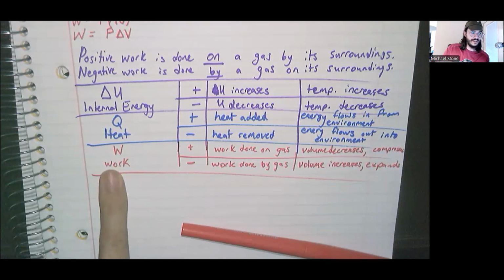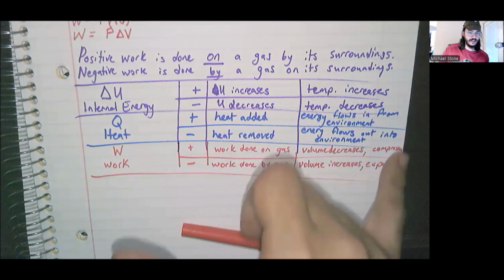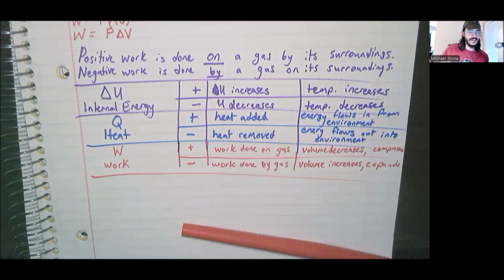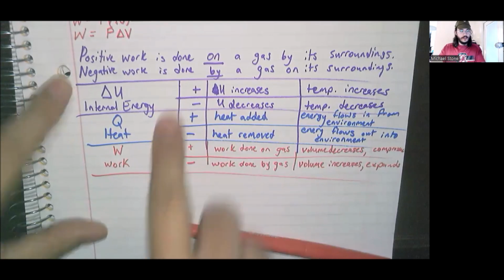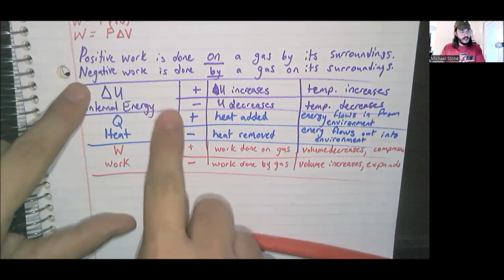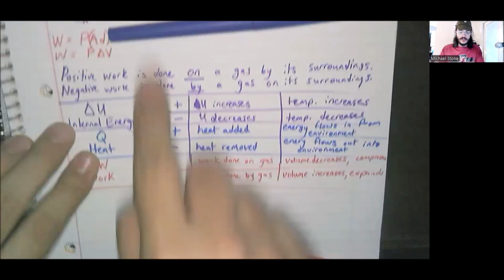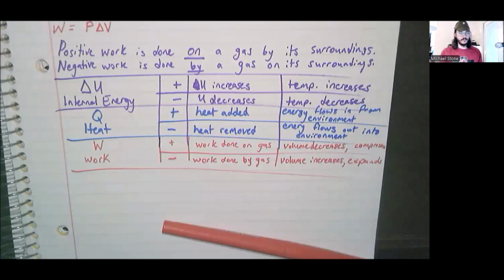If work is done on the nail and it gets compressed, the shock of it squeezes those particles inside of the nail together. If this is positive and this is 0, looking at the equation, delta U would need to be positive. So the nail must get hotter from being struck. You can try this yourself, and I assure you it's the case.